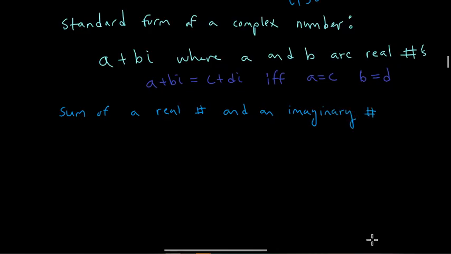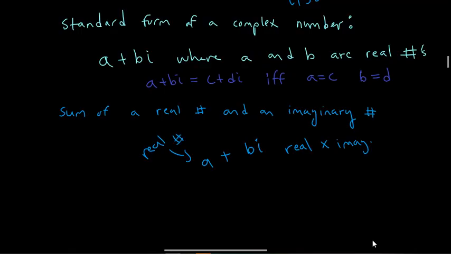So obviously, like I said, a and b are both real numbers. Really, bi is a product of a real number times an imaginary number, but then you're adding it to a, which is a real number.